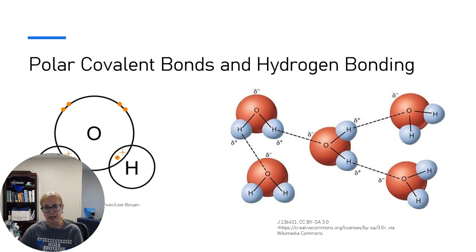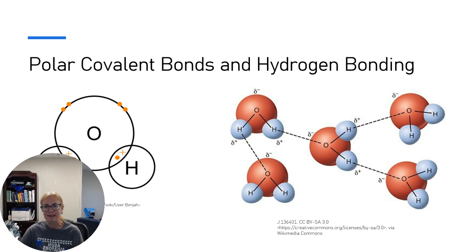One special type, and very important type of covalent bond is a polar covalent bond. And these are especially important because they allow for hydrogen bonding, which is extremely important in living organisms. So a polar covalent bond occurs when you have atoms of different electronegativity. Electronegativity is how strongly an atom pulls electrons to itself.